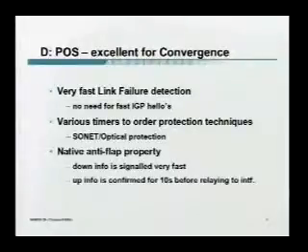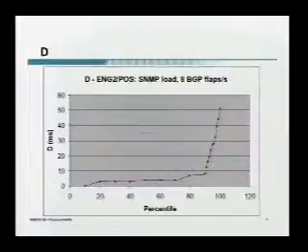So we actually did this test, and this is for a unit under test equipped with an Engine 2 POS line card. Again, it's the same configuration with SNMP load and 8 BGP flaps per second. The average CPU time was 35%. We repeat the test 1,000 times, and we measure the time between when the hardware on the line card finds the failure and when on the processor the ISIS convergence is triggered.